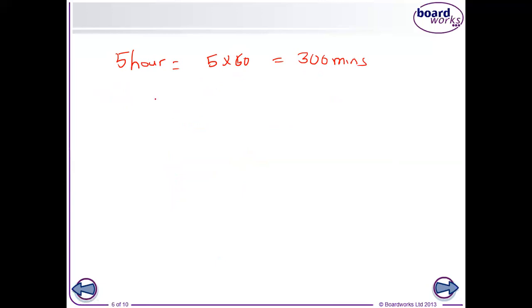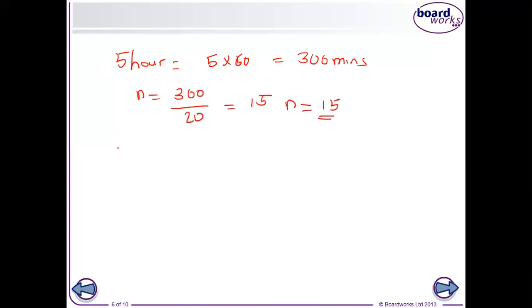So to know that, you say n equals 300 divided by 20 minutes, because I said the bacterium divides after every 20 minutes. So 300 divided by 20 is equal to 15. Simple mathematics. So n equals 15.